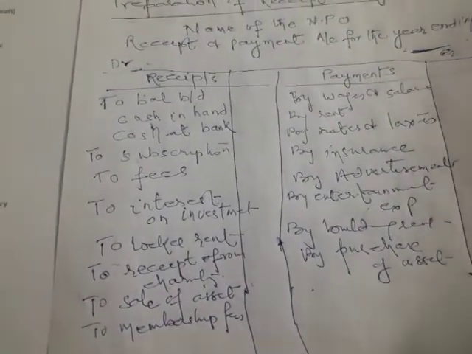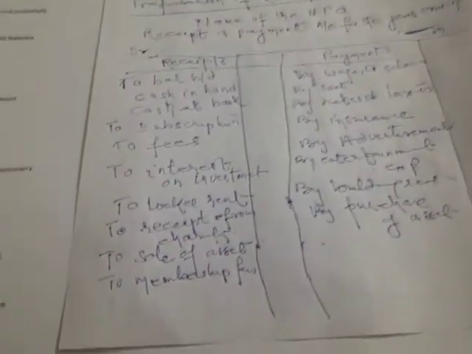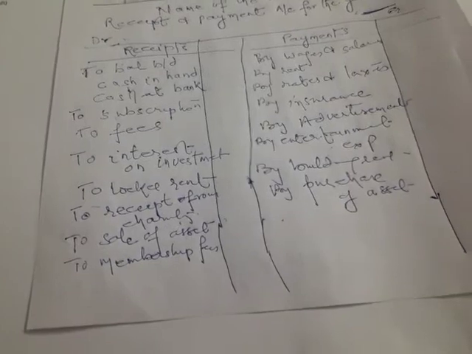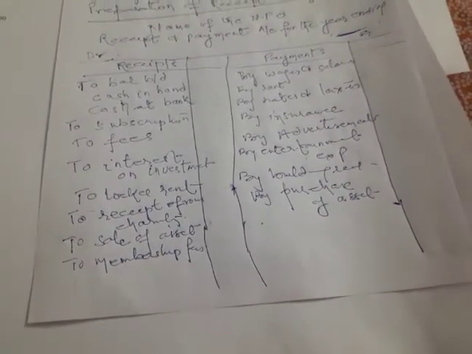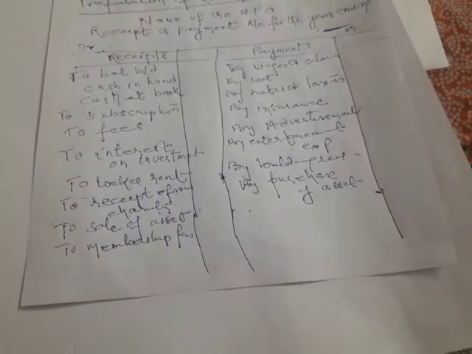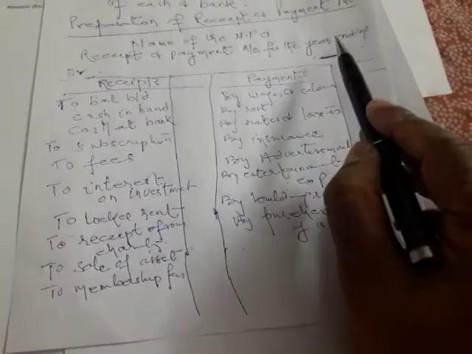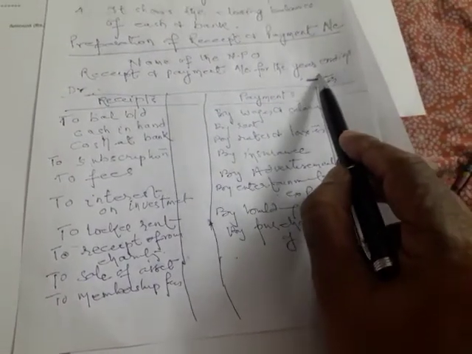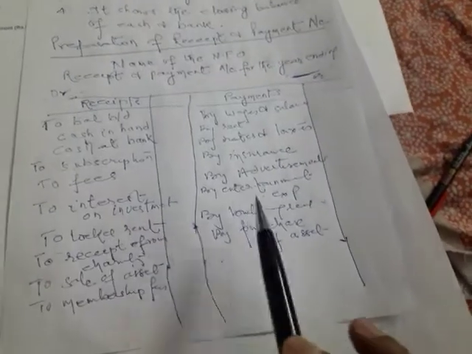While preparing the receipt and payment account, one thing is to be kept in mind, that all cash receipts and cash payments which are received or paid during the current year have to be recorded in the receipt and payment account.